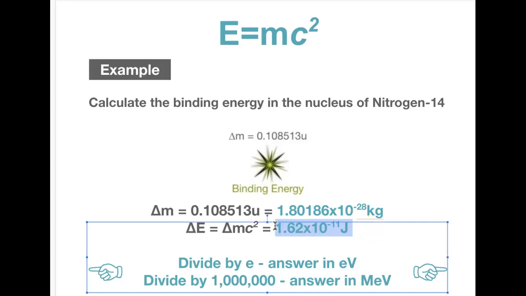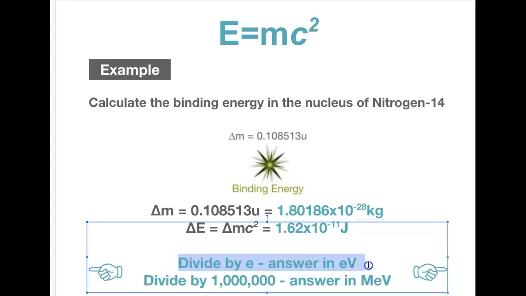Now, this is a very small amount of energy, and the appropriate unit to use would be electron volts. So you divide this number by 1.6 times 10 to the minus 19 to give you your answer in electron volts. And you would divide it again by 1,000,000 to give you the answer in mega electron volts. Got that?